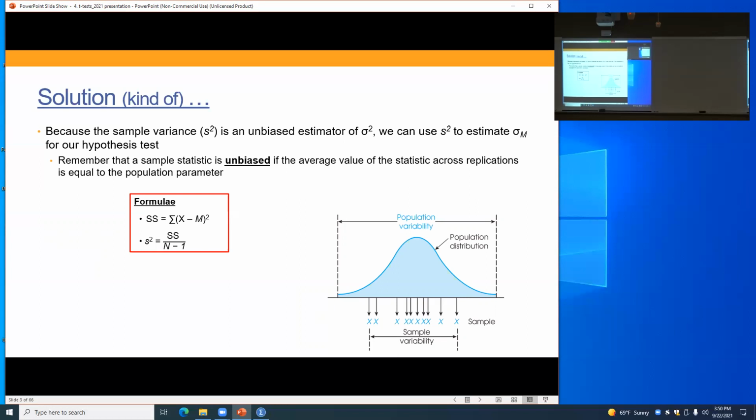Yeah, it sort of starts to bring it in. If this is the variability of my population and I pull a true random sample, where's my sample going to come from? It's going to come from the middle. So if I calculate my sample variance using the population formula, it's always going to be smaller than the population.